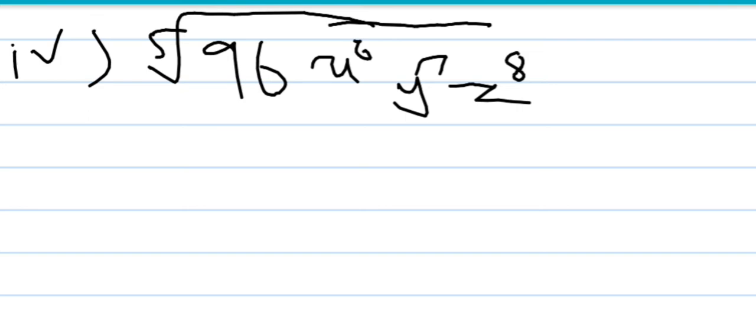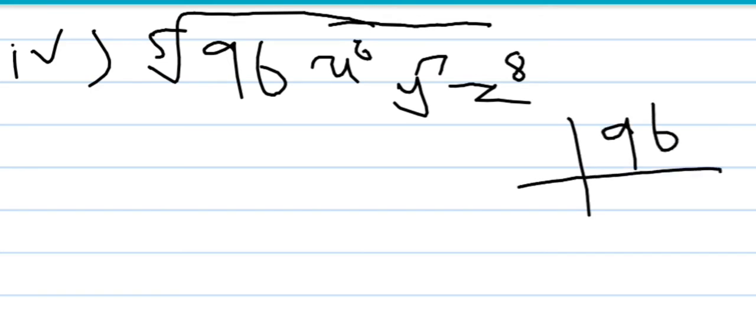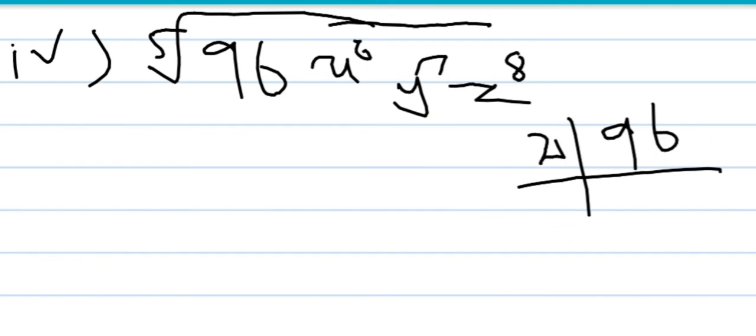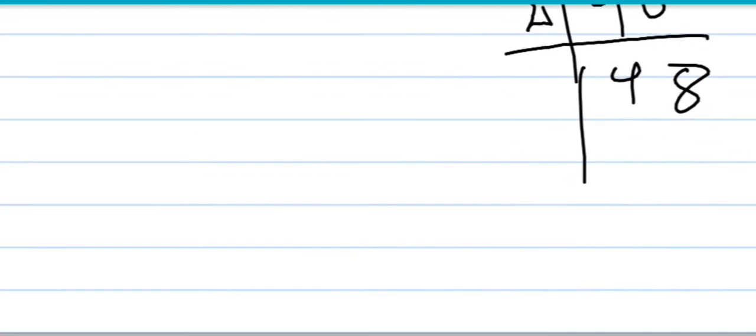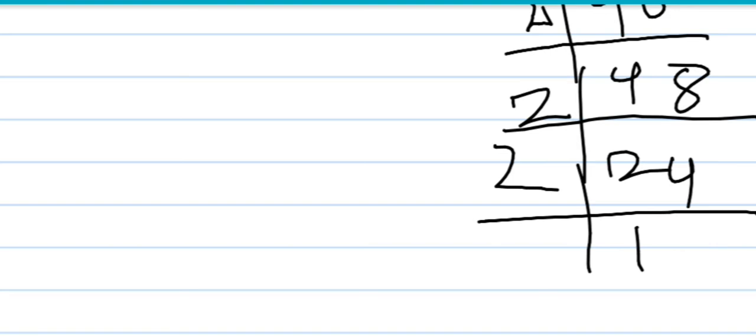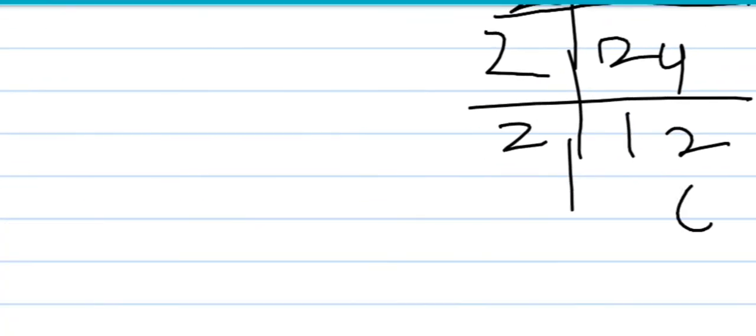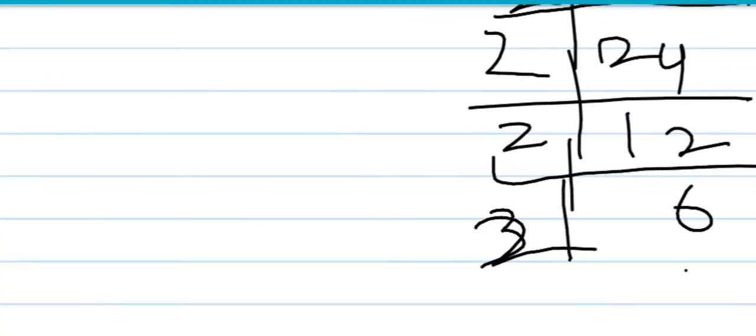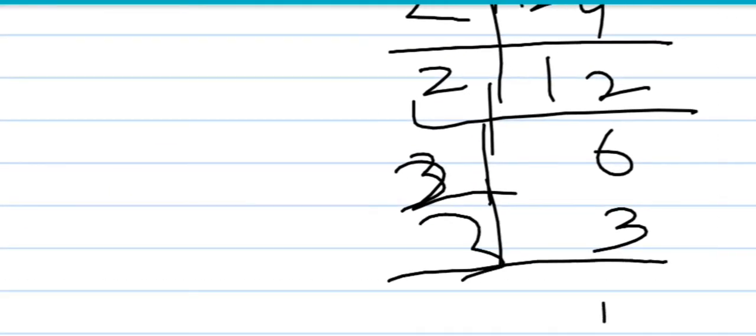Now we'll take the factors of 96. 3 3s are 9, and now we'll take it by 2. 2 4s are 8, and 2 8s are 16, and 2 2s are 4, and 2 4s are 8. 2 1s are 2, 2 1s are 2, 2 2s are 4, and 2 6s are 12, 2 3s are 6, and 3 1s are 3.